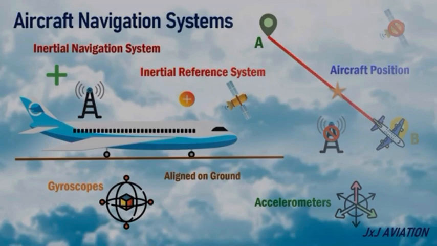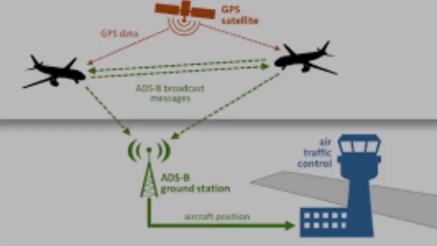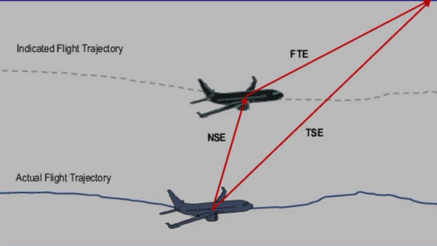Whenever we talk about the performance, we are not talking about the takeoff, climb, cruise, or landing performances. That's a separate thing that we are doing. But this is the performance of the navigation equipment of the aircraft. This means, in terms of the accuracy, is the navigation equipment on board the aircraft accurate enough or not?